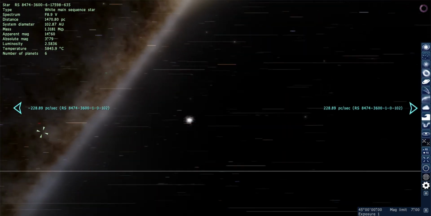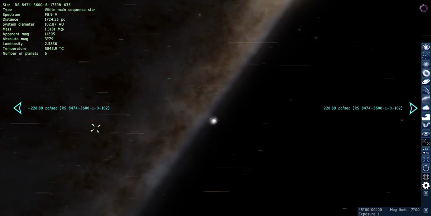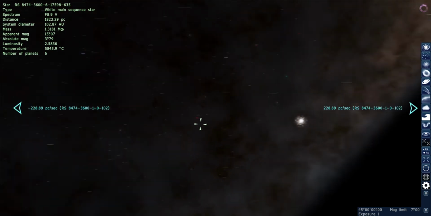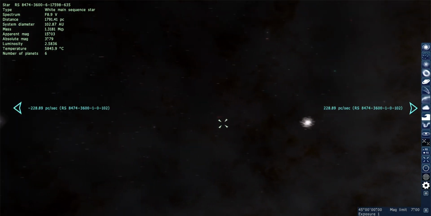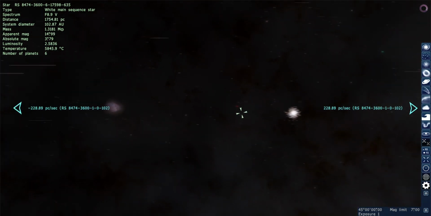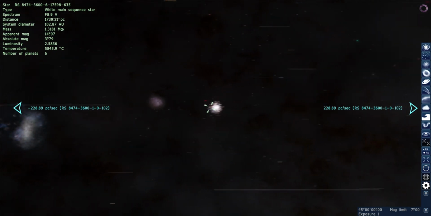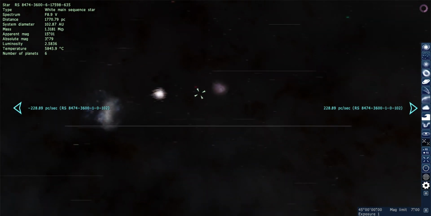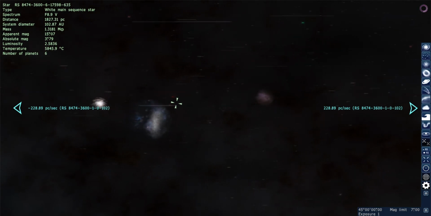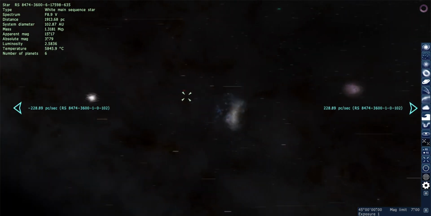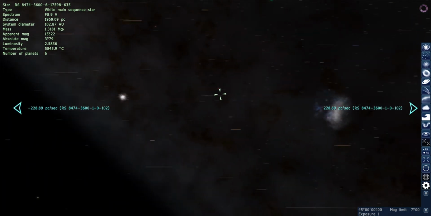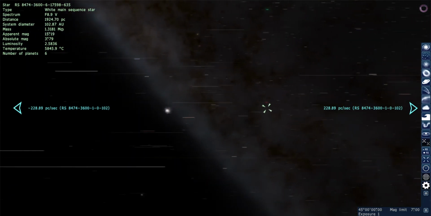Now the cluster is, let's see, if we can center our star, and the cluster is approaching there from the right and then from the left. It doesn't seem to be changing much, but there we just had it centered. Let's go for another rotation.